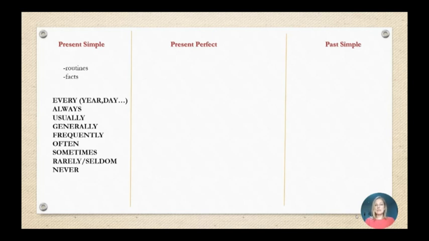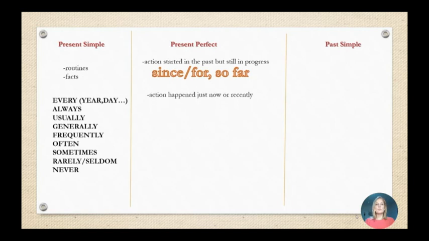Present perfect is a tense that somehow connects the present with the past. How? Well, we use it for an action started in the past but still in progress. And since, for, and so far are the words that we usually use to emphasize this action. We use present perfect for an action that happened just now or recently, and these are the words that usually go with this use of present perfect.